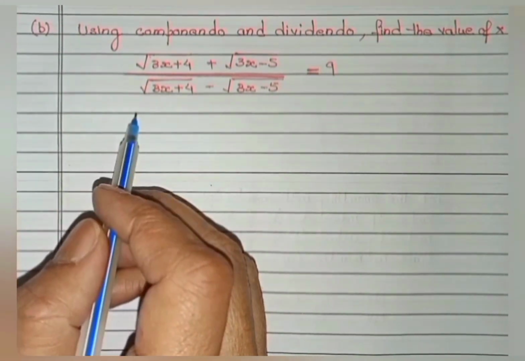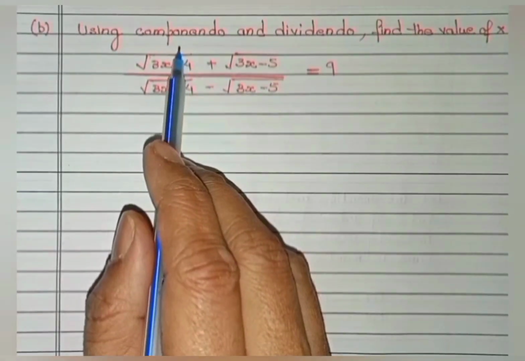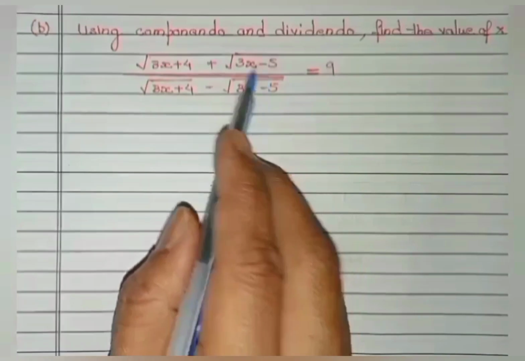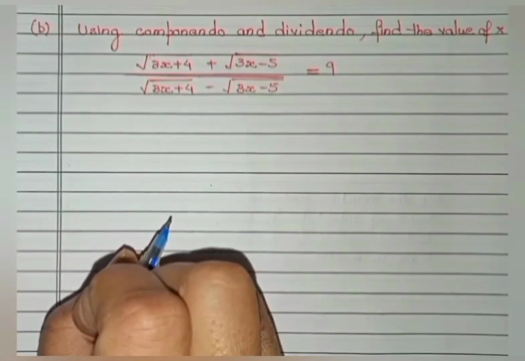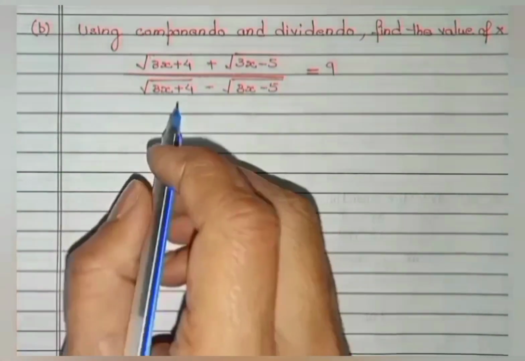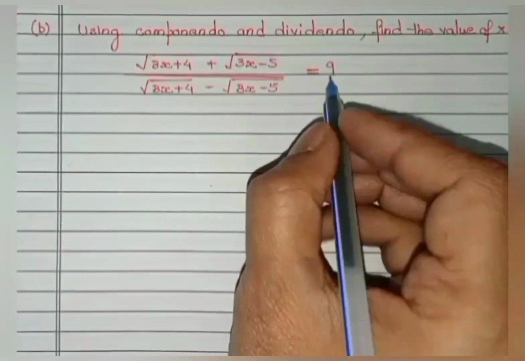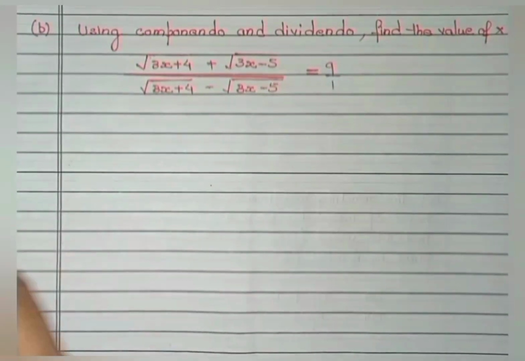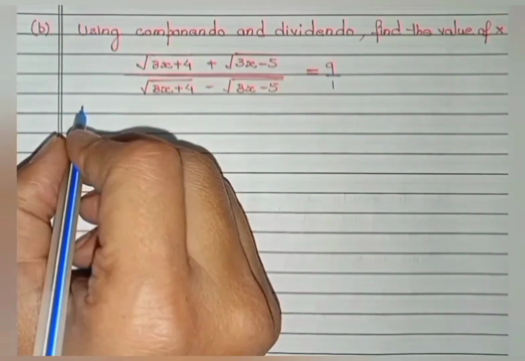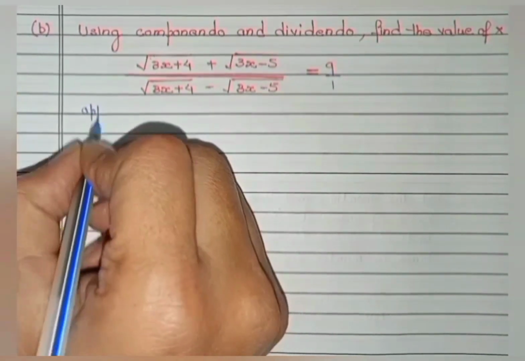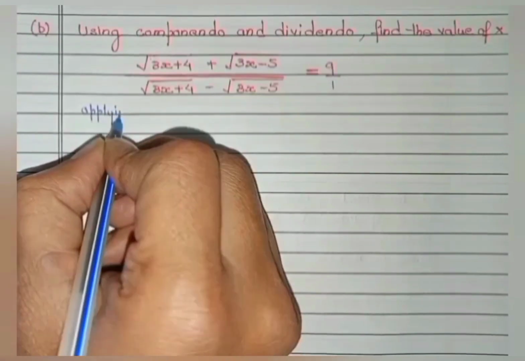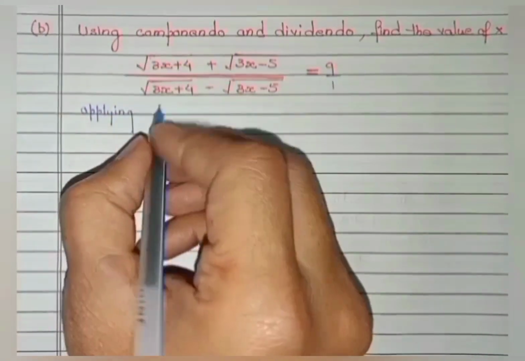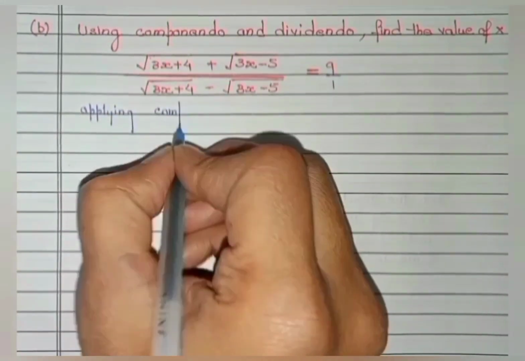Now in this question they have asked us that using the componendo and dividendo property, we have to simplify it for x. Now what we will do, on the right side it's written 9, so we can consider it as 9 upon 1, and now we will be applying componendo and dividendo.